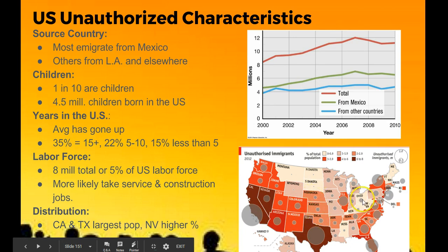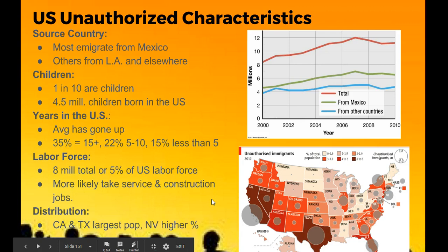And notice the further you get away, you're going to have less and less. New York is going to be a big one because New York City is there. So they're going to have migrants from elsewhere. Remember, if you migrate internationally, you are probably going to end up in a big city. Florida is not really going to be as related to Mexico. Their distance decay is going to be more related to Cuba.